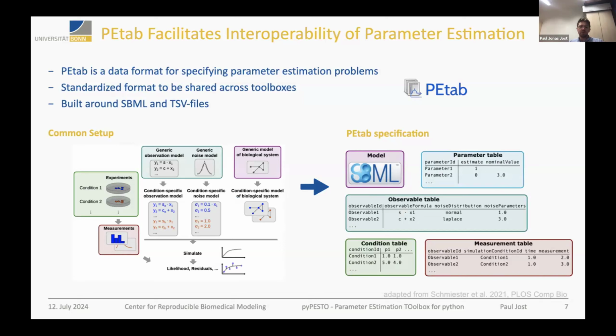The observable table would just be 2 lines. The parameter table would be 5 lines. And I have 3 conditions. Oh, I see, actually the parameter table would be only 4 lines because the parameter K2 would be in the condition table and would vary through the conditions. So I think it's in total 2, 4.